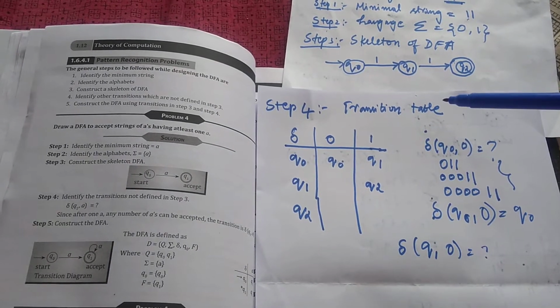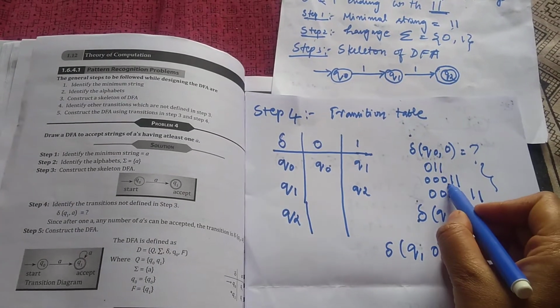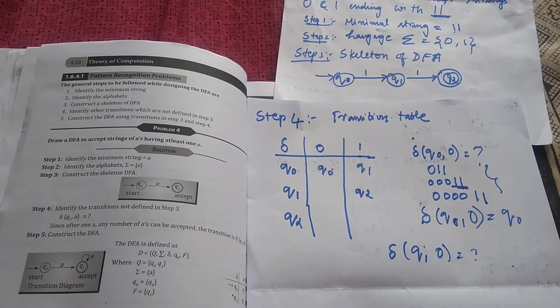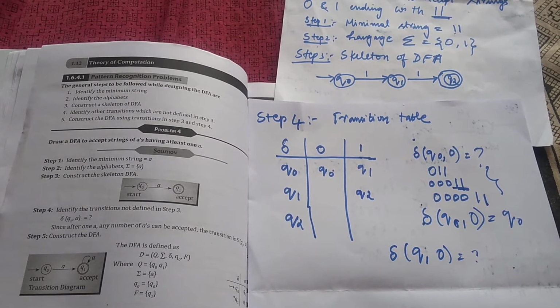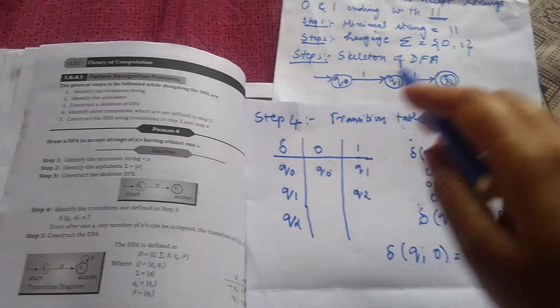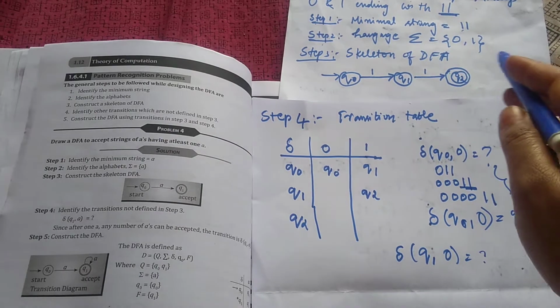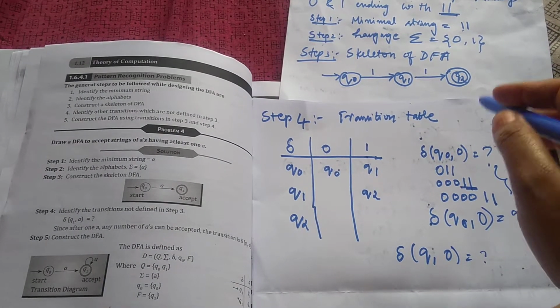But what is our condition? Our string should always end with 1 1. Okay, you cannot have a self transition here. You also cannot have Q1 upon 0 go to Q2, because 1 1 0 or 1 0 would also get accepted if you go to Q2.